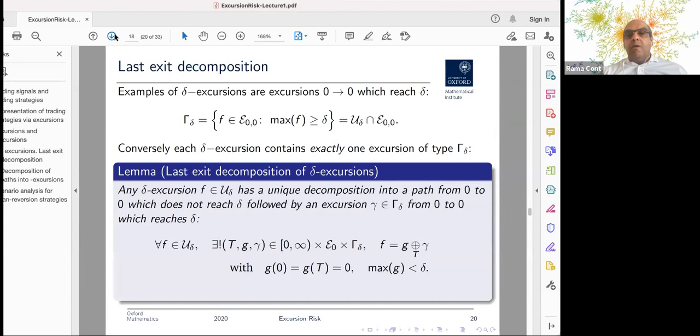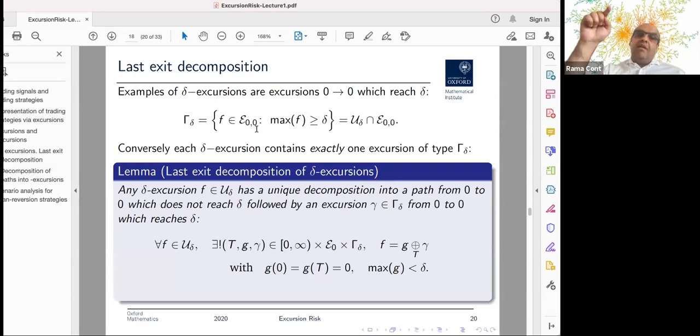Now, the remark I just made I'm going to clarify with a lemma. As we said, examples of delta excursions are excursions from 0 to 0 which reach delta. That's what we call gamma delta. But I said that these are not the only delta excursions, because these only reach 0 once.